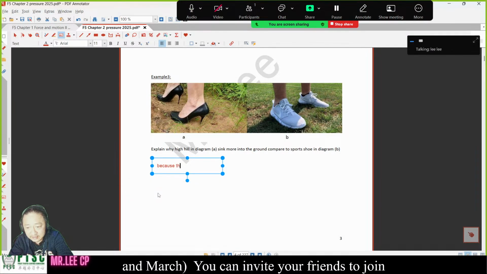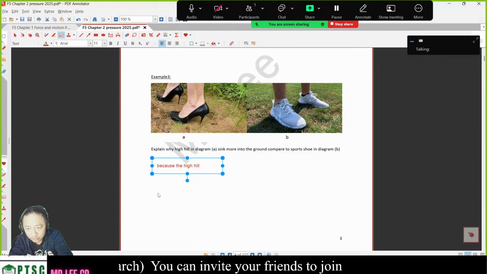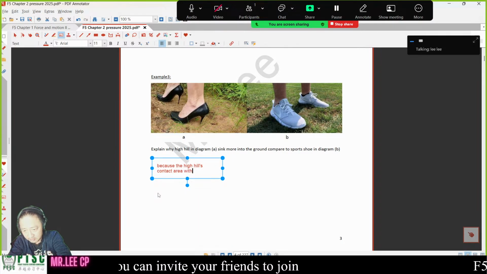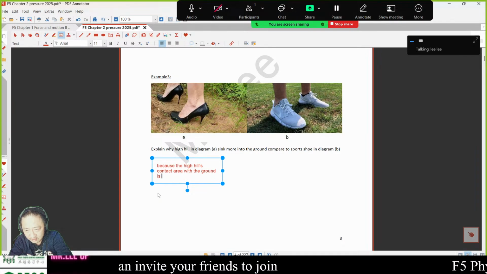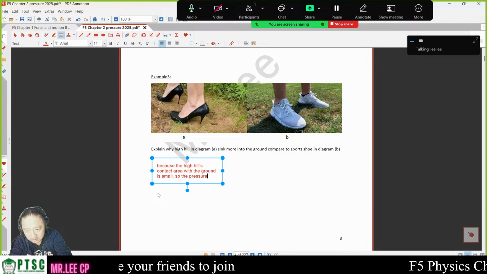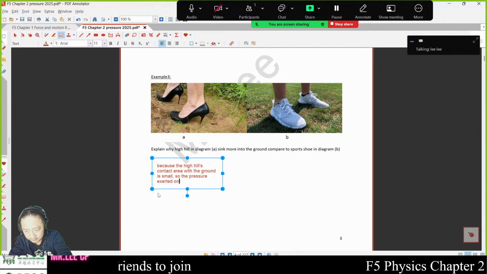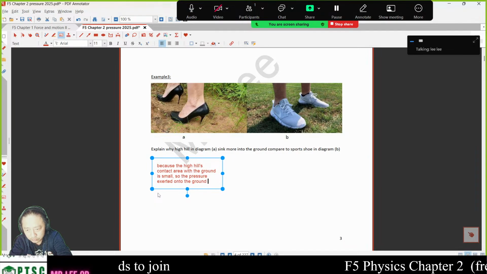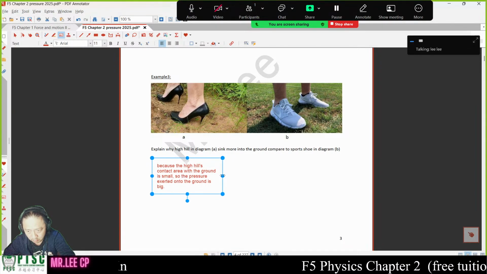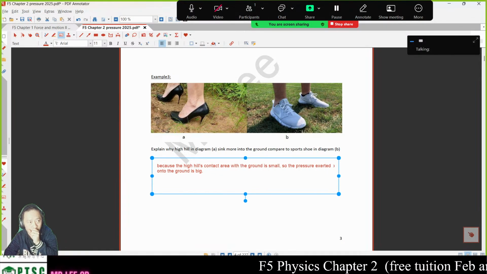Because the high heel's contact area with the ground is small, so the pressure exerted onto the ground is big, so you will sink down. Can you understand here?